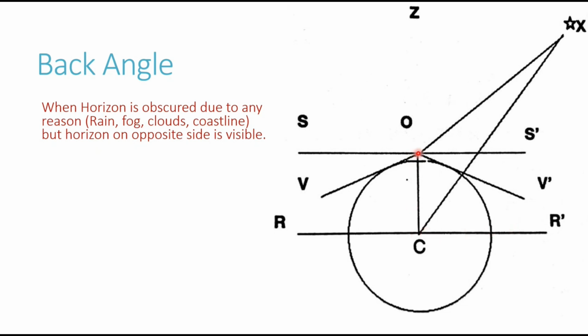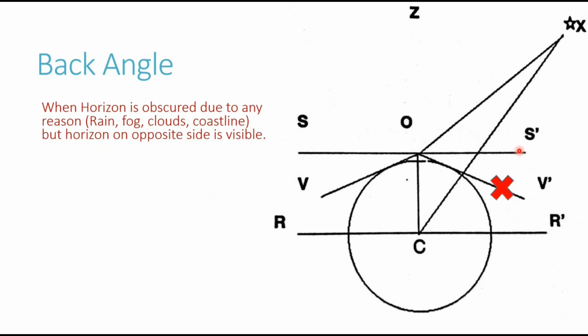So from the observer's eye, if you imagine a plane which is parallel to the plane of the rational horizon, which is represented by S dash in the diagram, this is the sensible horizon of the observer. This is the definition of the sensible horizon of the observer. So we have the sensible horizon also here, represented by S dash.